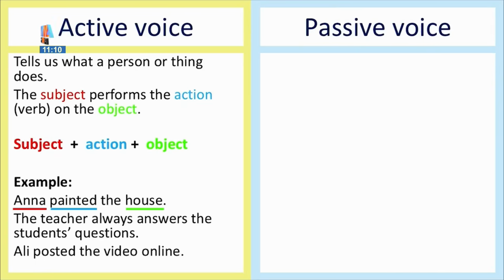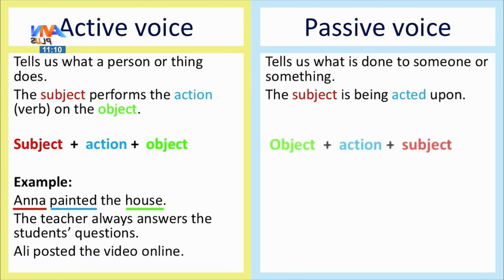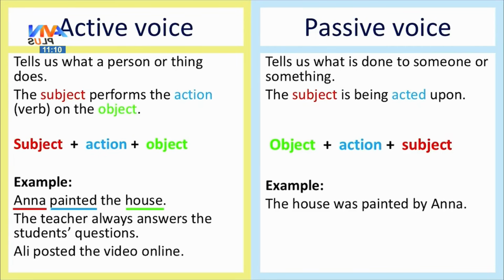Passive voice. This tells us what is done to someone or something. The subject is being acted upon. The sentence structure is object plus the action plus the subject. For example, the house was painted by Anna.